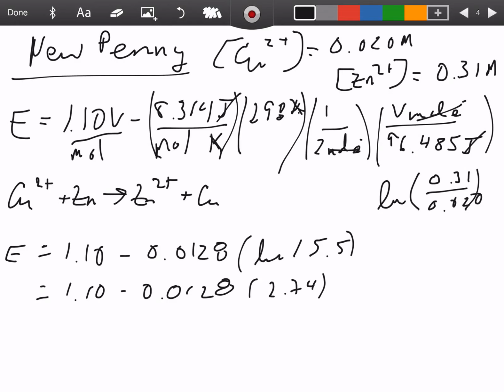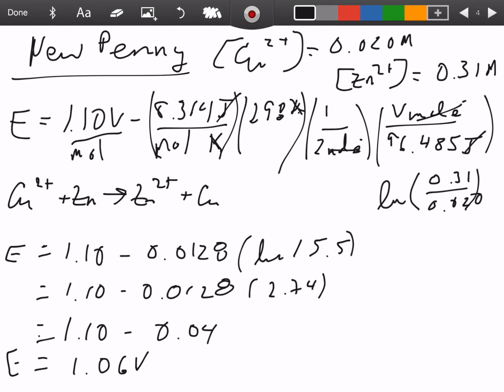And 2.74 times 0.0128 is 0.04. So what I get for E is 1.06, and that's volts per mole of reaction, if you will.